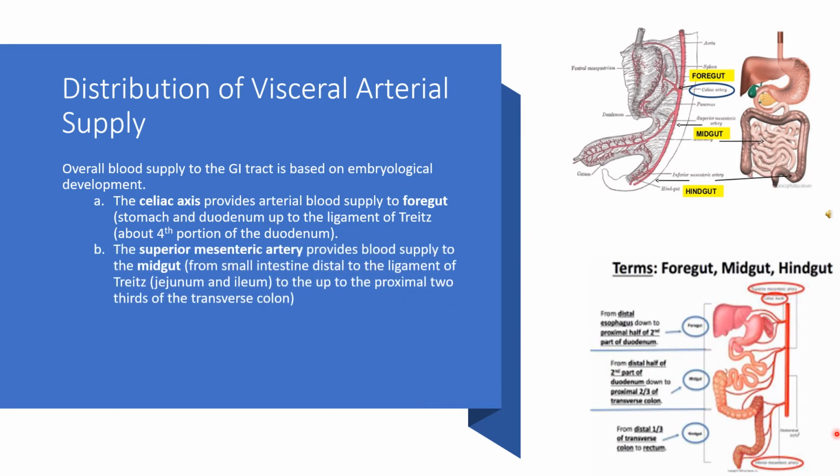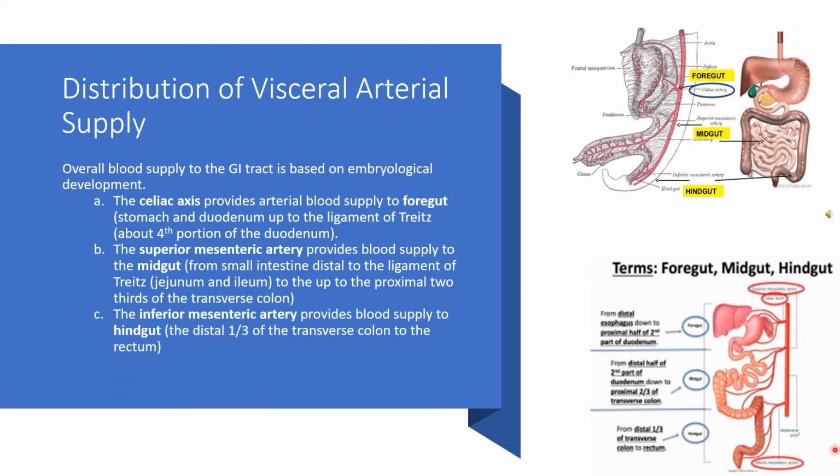The superior mesenteric artery provides blood supply to any structures derived from the midgut. So the small intestine, distal to the ligament of Treitz, up to the proximal 2/3 of the transverse colon. The inferior mesenteric artery provides blood supply to the hindgut, which is the distal 1/3 of the transverse colon, up to the rectum.